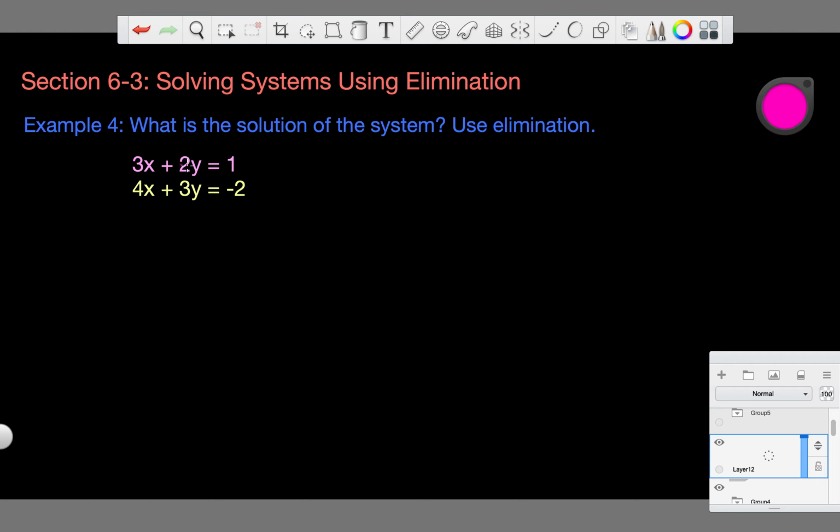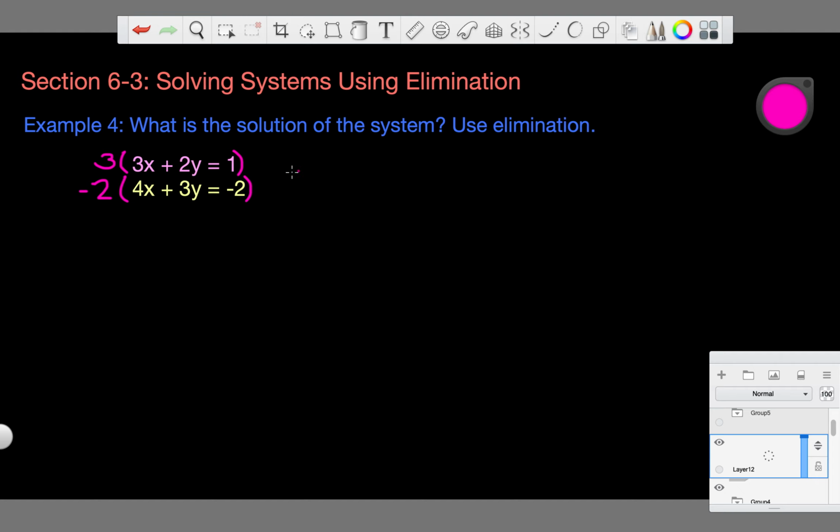So what if I multiply 2 by 3 and 3 by 2? I'll get 6, right? So if I multiply this top equation by 3 and this bottom equation by 2, will they cancel? It would be 6y plus 6y. No, so I need to give this a negative because I need to have 6y minus 6y.